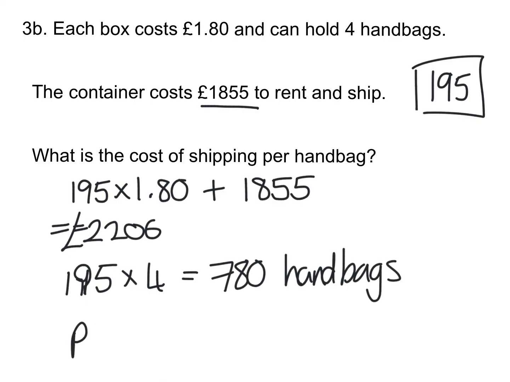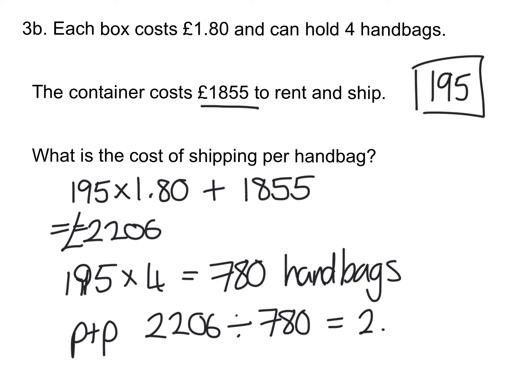So the postage and packaging that we should be charging the customers will be the cost of everything to the business owner divided by the number of handbags. So the 2,206 divided by 780. And if you do that divide sum, you get an answer of £2.828, all right? Now, normal rules of rounding, you're going to round that up to £2.83, okay?